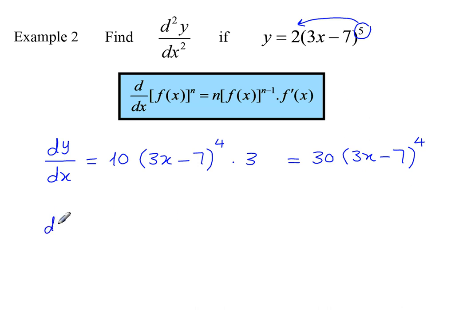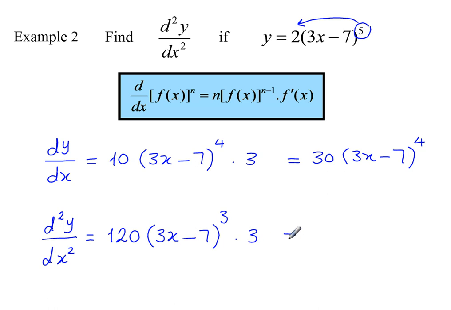And then to find the second derivative, we apply the rules again. So d2y by dx squared is equal to 4 to the front, so 4 times 30 is 120, times 3x minus 7 to the power of 3, times the derivative of what's inside the bracket, which is 3.